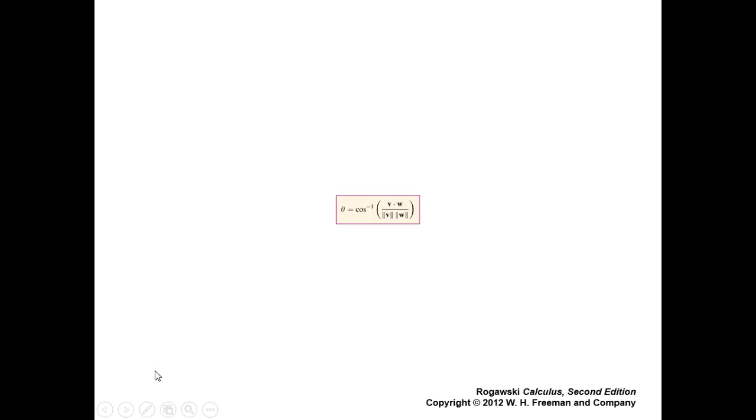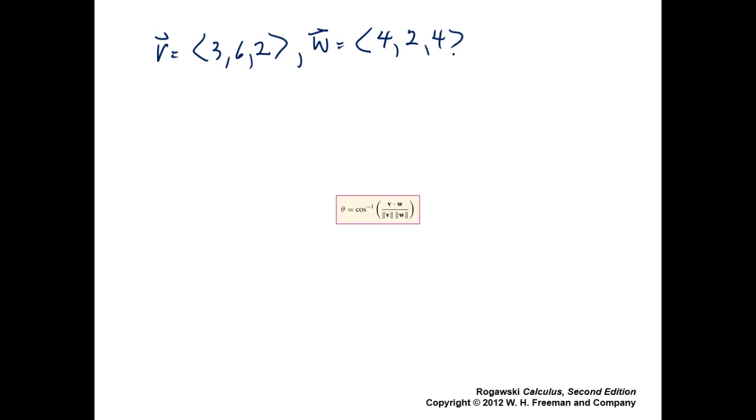Okay. Here's the two vectors. V is 3, 6, 2. W is, these are vectors, as angle bracket, vector notation, 4, 2, 4.